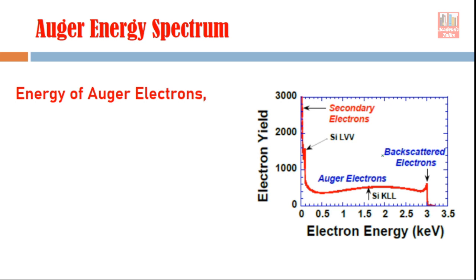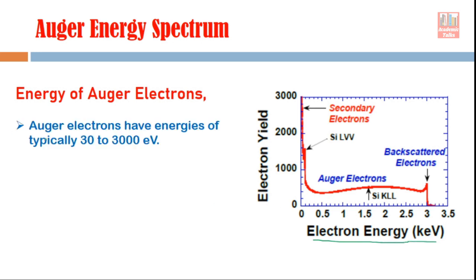Now once you detect the Auger electrons coming out of the surface, we have to analyze the energy of these electrons. Here you can see the electron yield of the Auger electrons plotted as a function of electron energy. In case of Auger electrons, the energy lies mostly between 30 electron volt and 3000 electron volt.